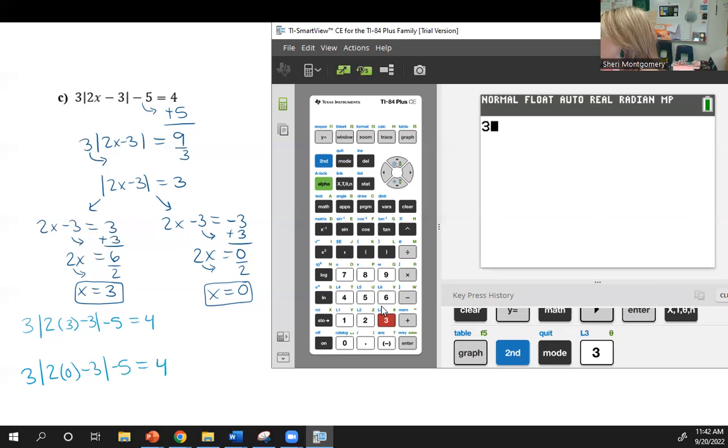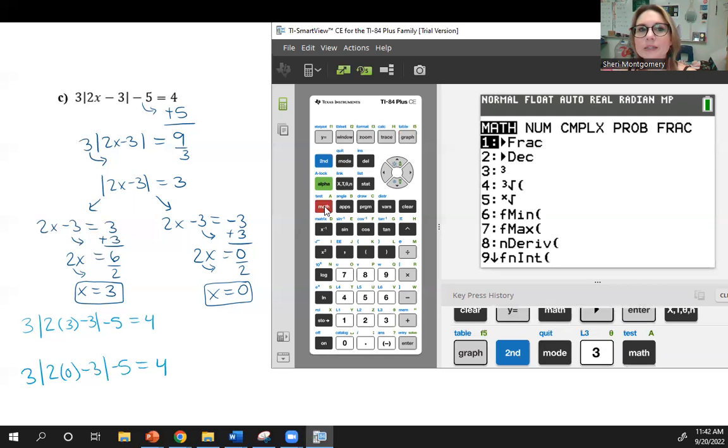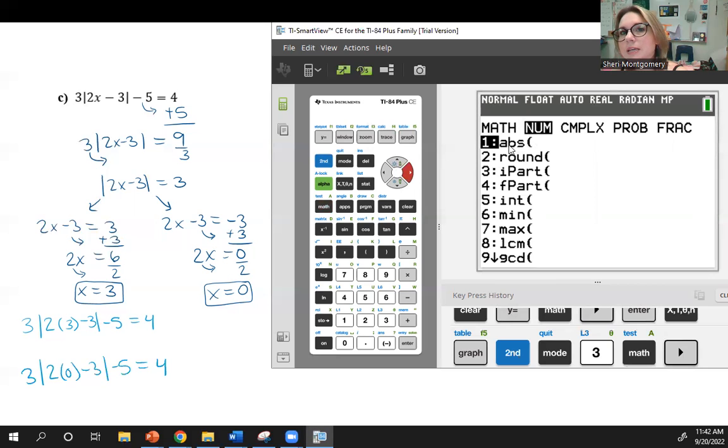That's okay to say no, because I doubt you've ever been shown where they are. To get to absolute value, you press the math button, then you arrow over 1 time and you'll see ABS. And when you see ABS, you press enter.